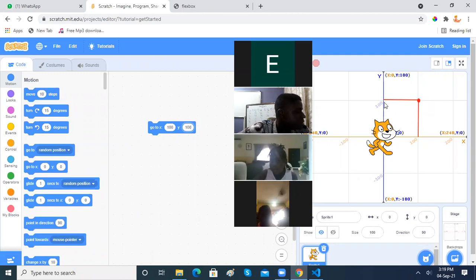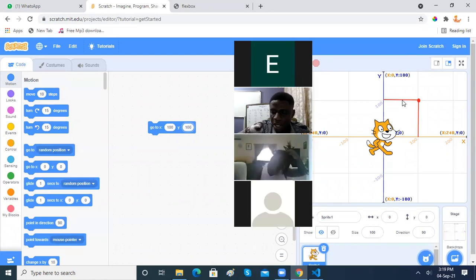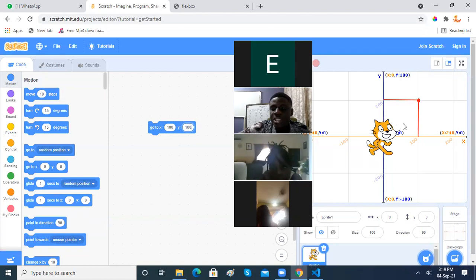So it means that when we have an X and Y position and we type 100 for the X and we type 100 for the Y, it will bring us to where this dot is. So this block, go to X and Y, goes to the position X and Y 100, 100.